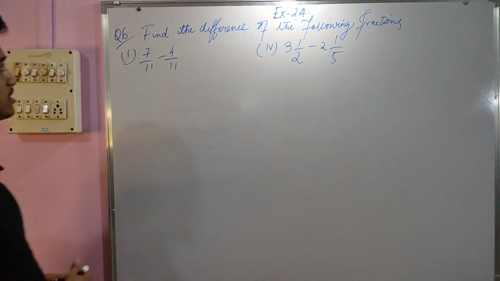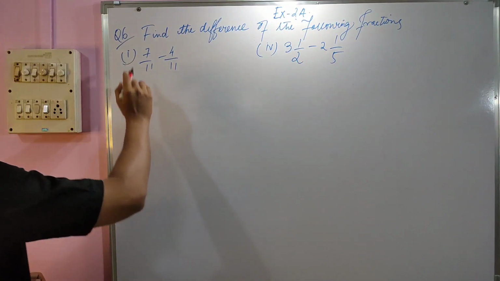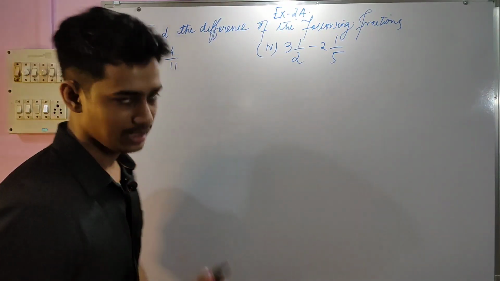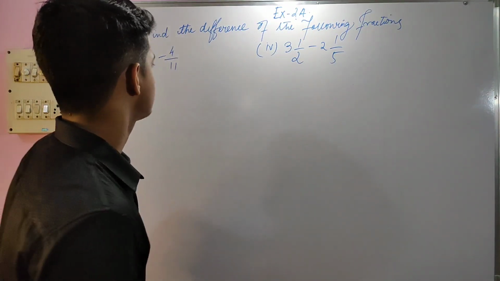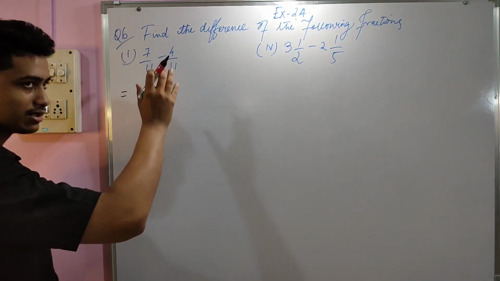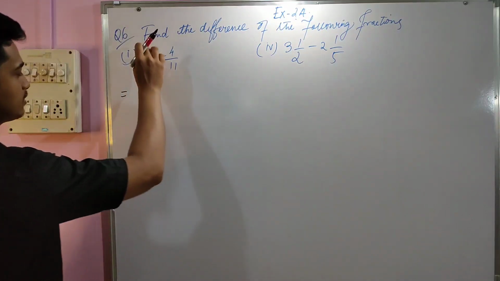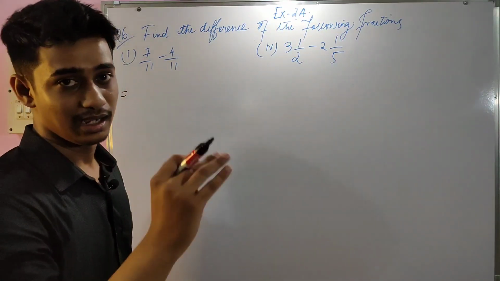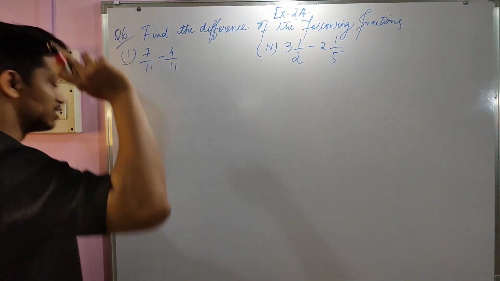So for question number 6, what is the first question? First question is 7 by 11 minus 4 by 11. The same process will repeat. First we have to find out whether it is coming under like fractions or unlike fractions. The first question is very much similar to our last video.